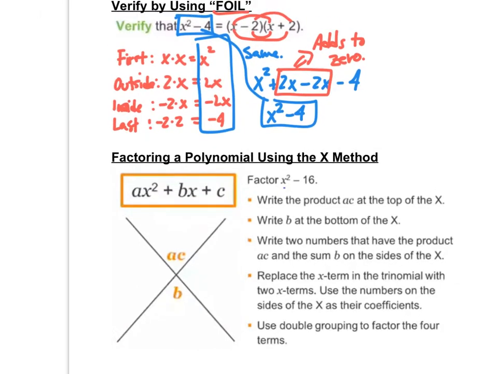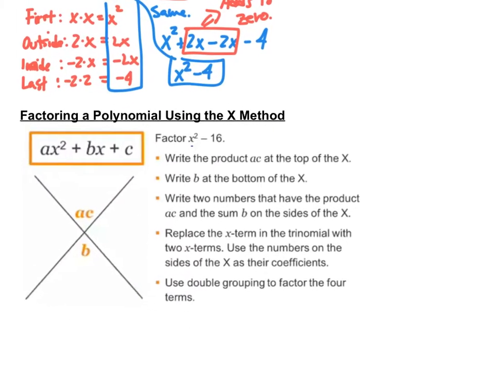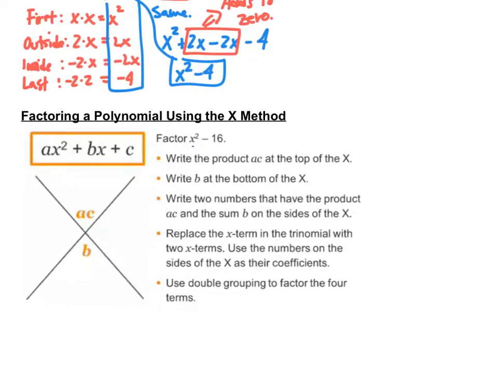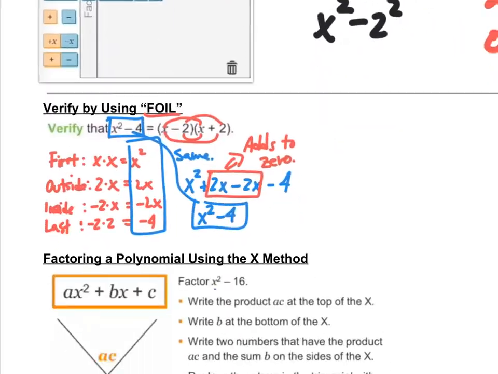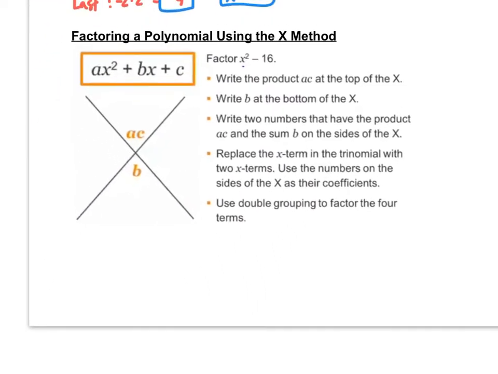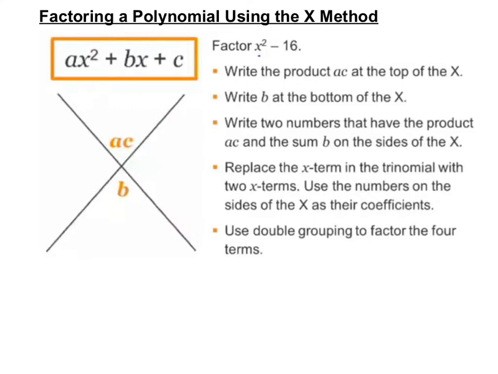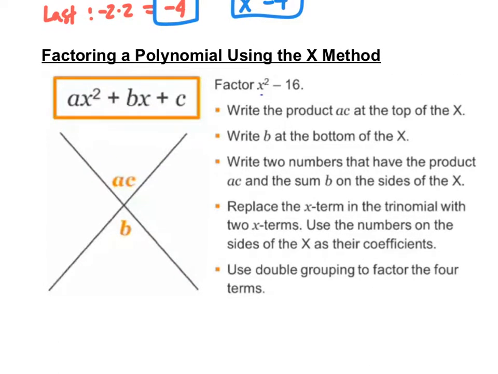Okay, and we can talk about using the x method, where we want to factor this right here, x squared minus 16. So we did the geometric model, and let's go ahead and just do the x method here. And so let's identify what our a, b, and c are.